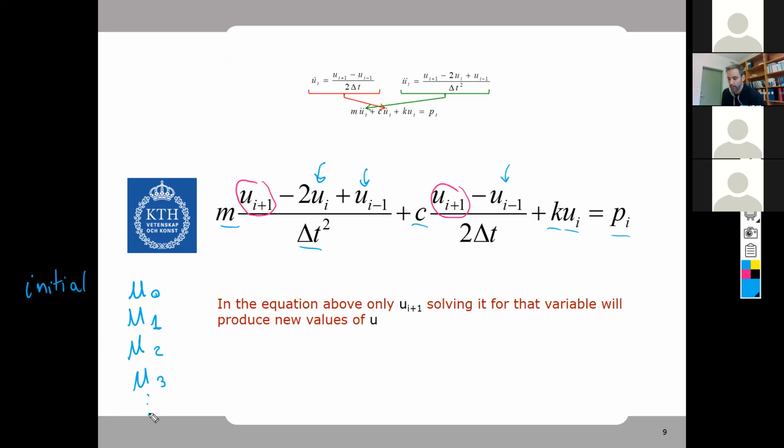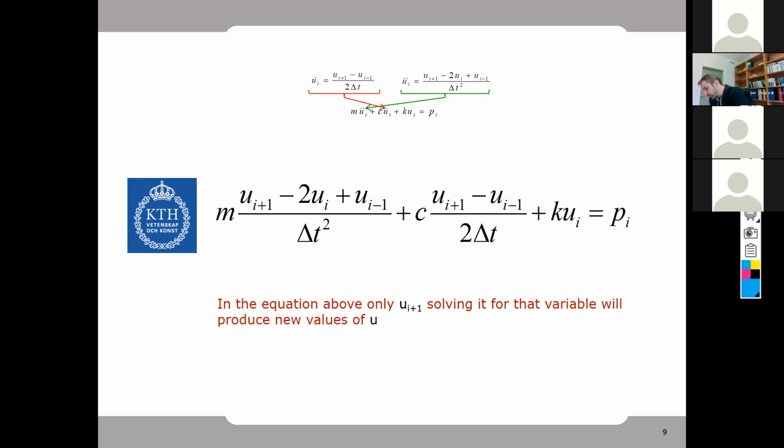So given an initial condition, which is normally 0, like I told you before, we can proceed to calculate all the different values of the displacement if we have all the properties of the structure, that is M, K, C, and the forces P.